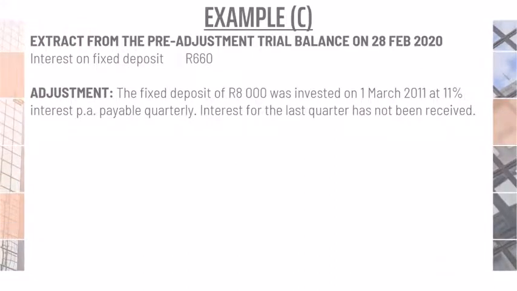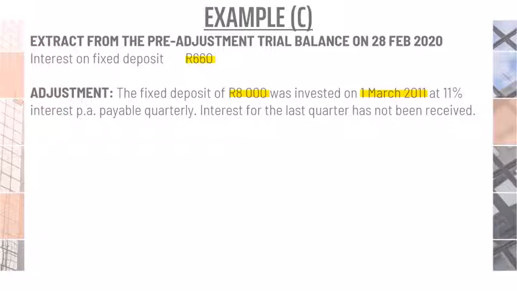The example says the extract from the pre-adjustment trial balance shows interest on the fixed deposit of 660 Rand. Remember, that is the value that we actually received for this year. Then the adjustment says the fixed deposit of 8,000 Rand was invested on 1 March 2011.